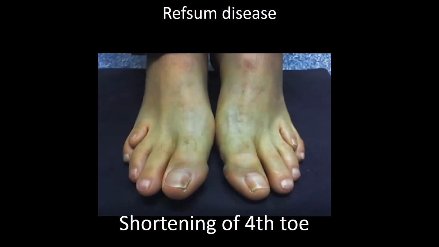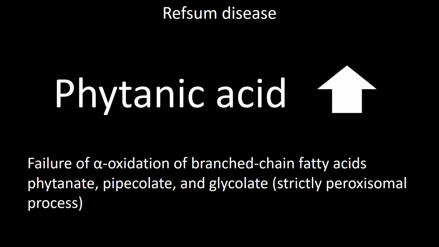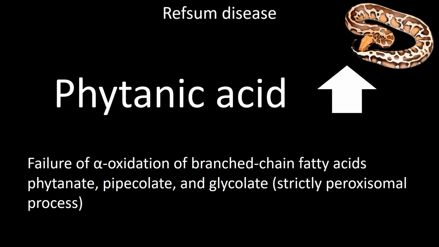They often have a peculiar shortening of the fourth toe, as you can see in this frame, and very abnormal scaly skin. Biochemically, patients with Refsum disease have impaired alpha oxidation of branched-chain fatty acids, hence phytanic acid is very elevated. The skin findings and the elevation of the phytanic acid is the connection with the python.